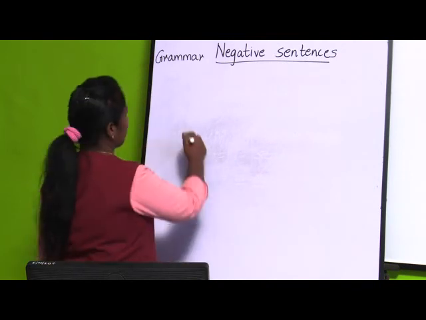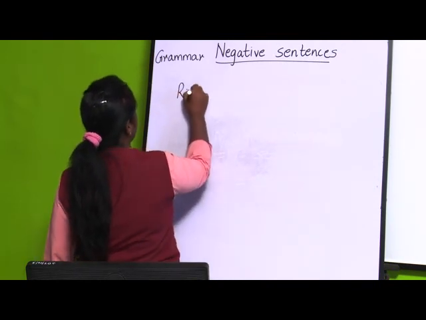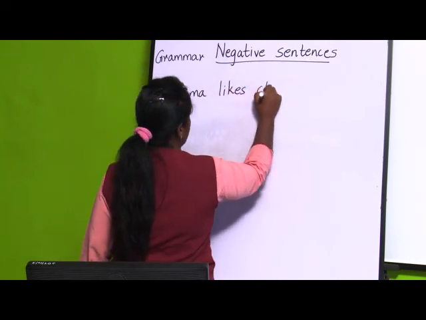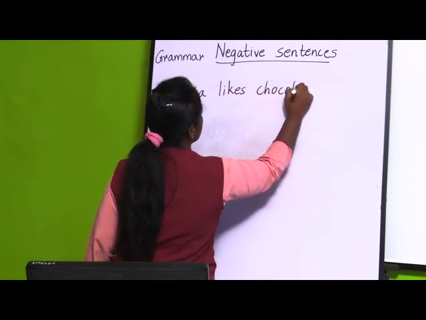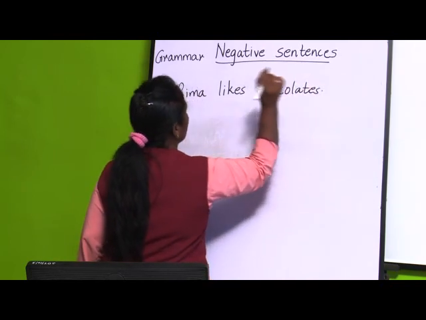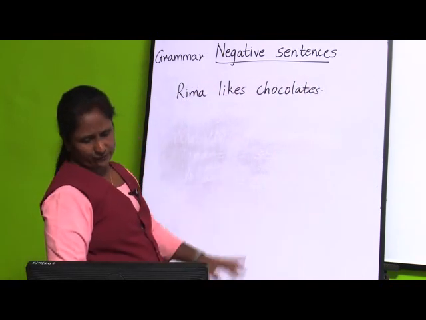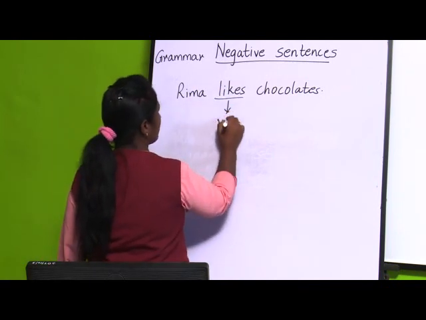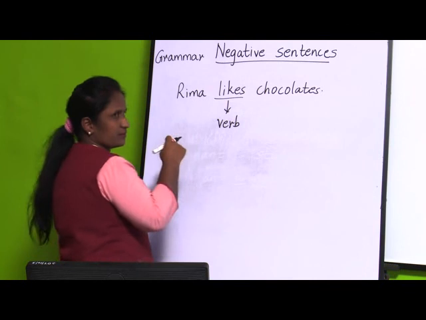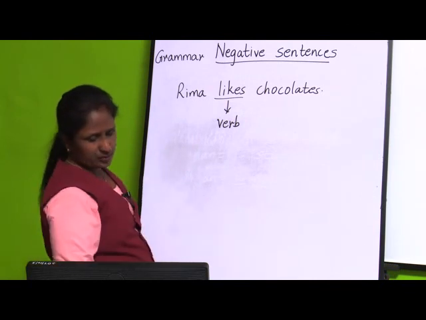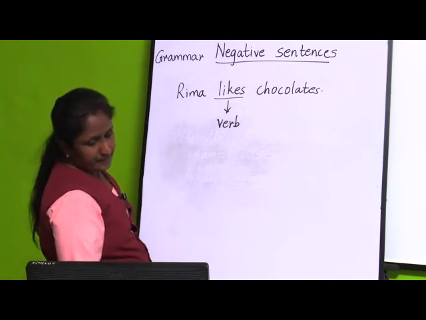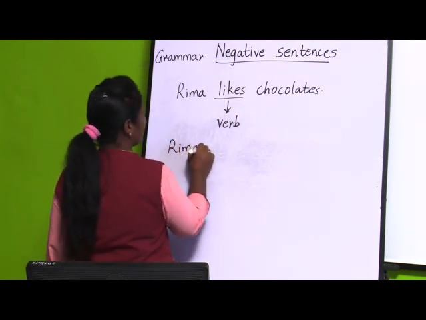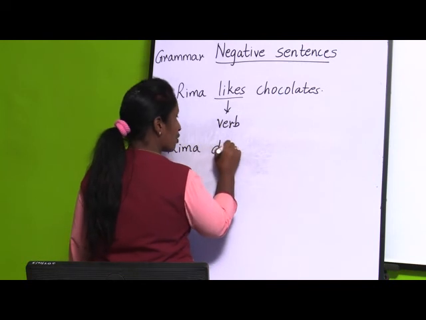For example, Reema likes chocolates. Now I want to write this sentence into negative form. This likes is the verb. We are going to write do not or does not, depending upon the subject. Reema does not like.